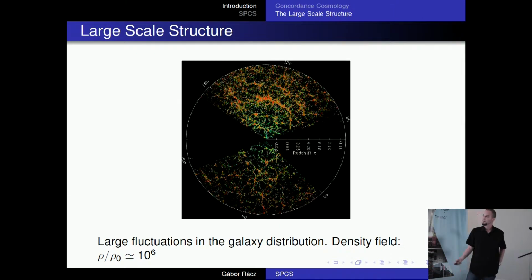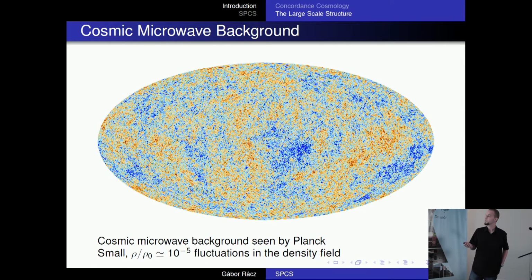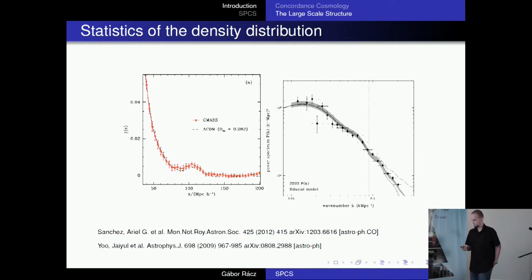And we can reconstruct the density field here also, and the relative fluctuations here are 10 to the 6th. So there are big fluctuations today. So what is the connection between these two? I will answer it later.